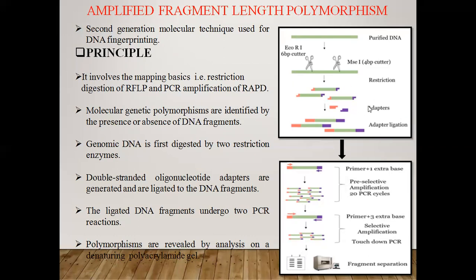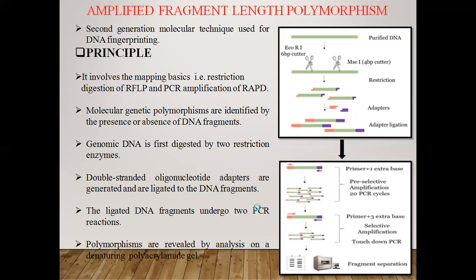Then fragments are generated, adapters are ligated, and two types of PCR cycles are run. First is the pre-selective amplification, which has one extra base on the primer, and second is the selective amplification, which has three extra bases on the primer, so the binding of the primers is quite selective, and the products generated have high reproducibility.